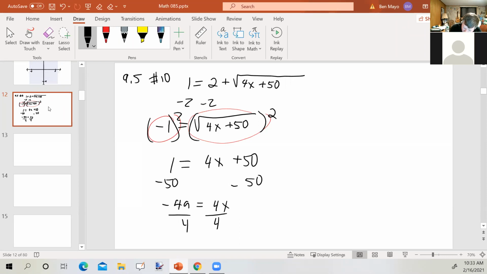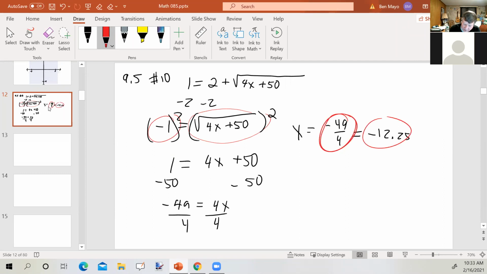Divide both sides by 4, and we get x equals -49/4. I'm going to go ahead and convert that to a decimal because the person that asked about it also did that. Let's see, -49 divided by 4 comes out to -12.25.